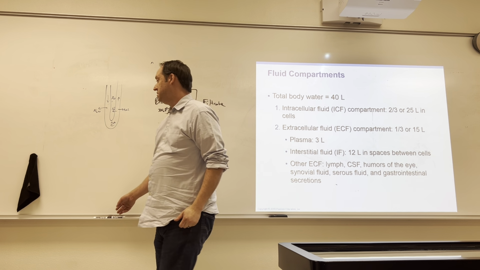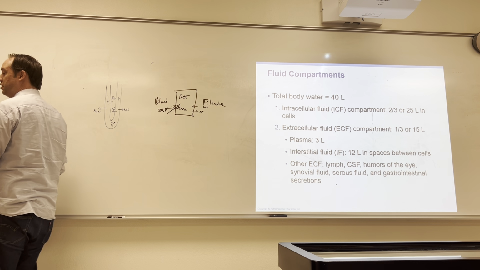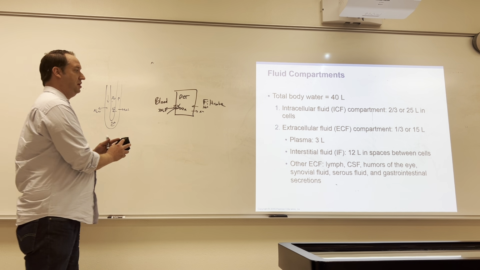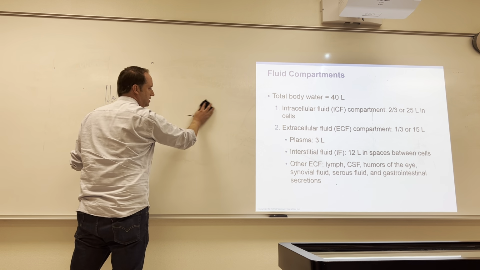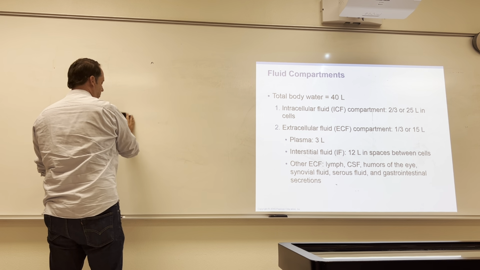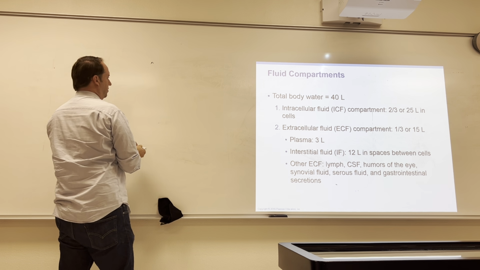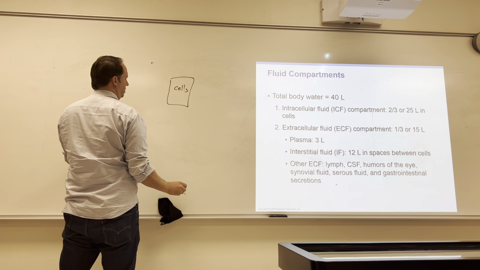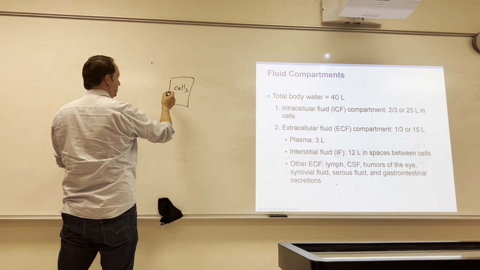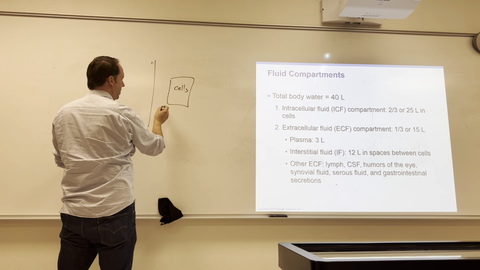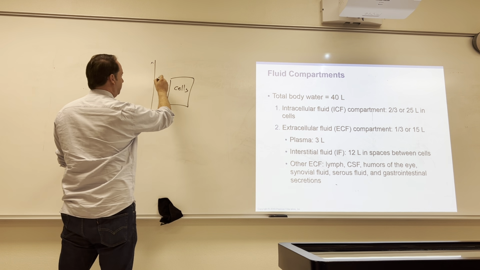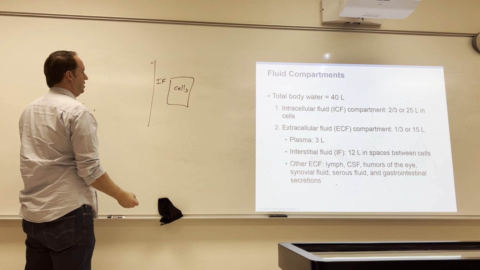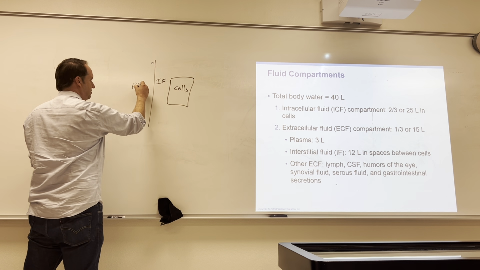For our purposes, we can divide that extracellular compartment up into two things: plasma in the blood and interstitial fluid, which is in the spaces in the tissues. So if we're doing this, you've got your cell. Right around the cell, our next fluid compartment is the interstitial fluid. And then you have the plasma separated here.